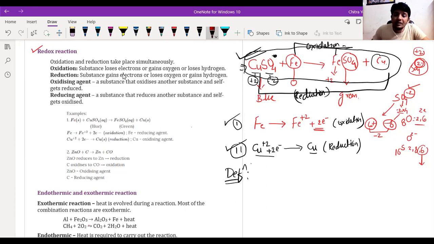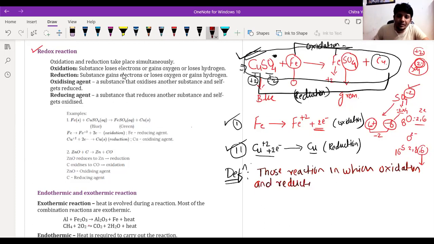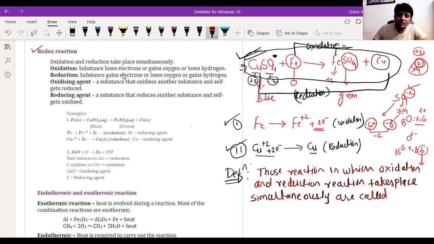The definition will be: the reactions in which oxidation and reduction reaction take place simultaneously are called redox reactions.